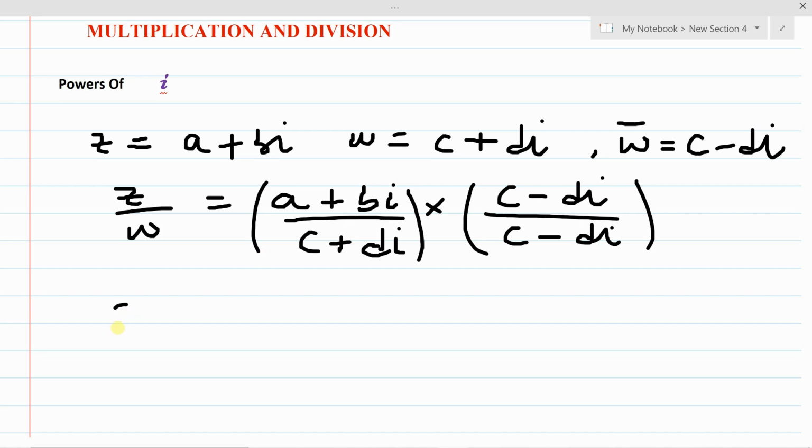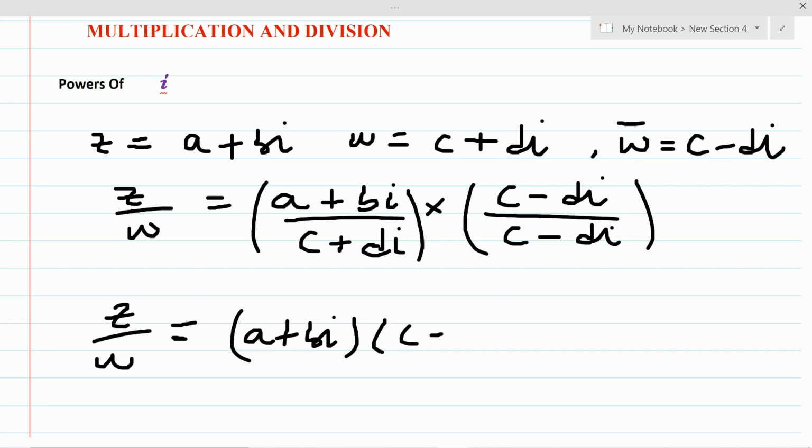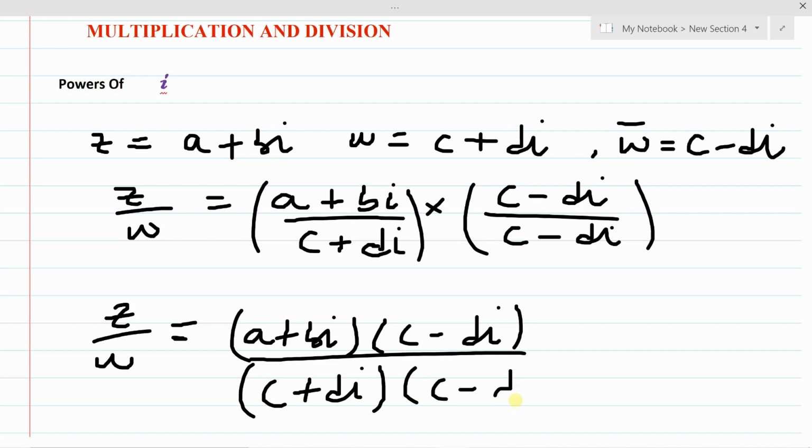So z over w will be equal to the top multiplying by the top, a plus bi times c minus di, over c plus di times c minus di.